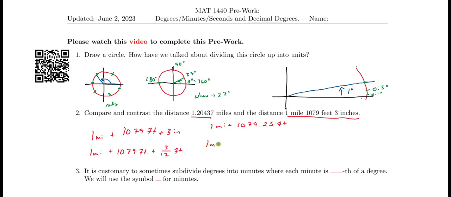Finally, we could say that's 1 mile plus 1,079.25 feet divided by the 5,280 feet that are in a mile. And if we combine these together, this comes out to be, and you can confirm this, the 1.20437 miles that I said it would come out to be.